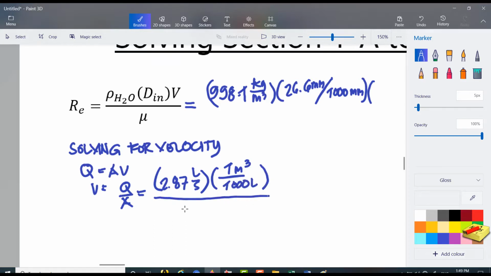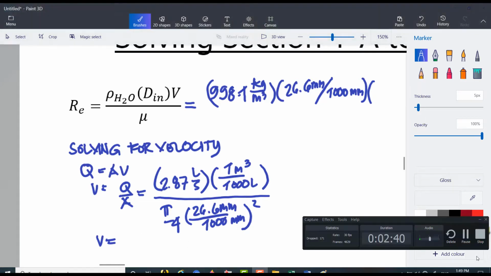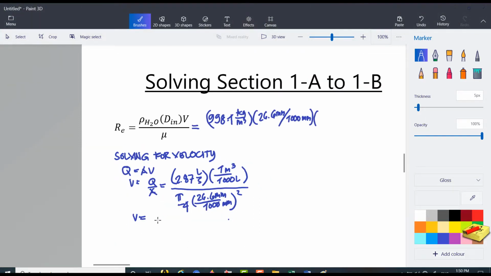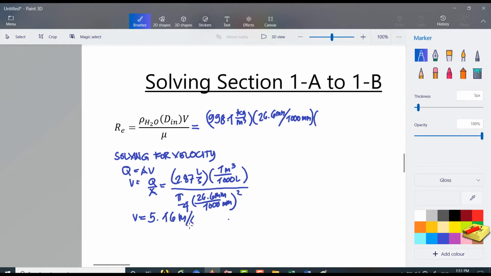Then divided by your area, which is pi over 4 times the diameter, 26.6 mm, divided by 1000 to make it meters, squared. So we have now the velocity of 5.16 meters per second.